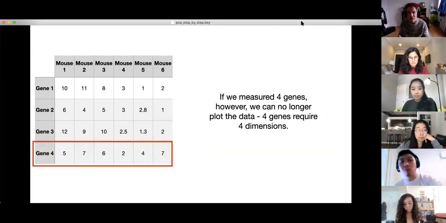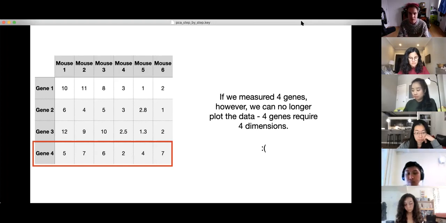Okay, if we measured four genes, however, we can no longer plot the data. 4 genes require 4 dimensions. And yes, a lot of people say, hey, what if we change the shapes of things? Couldn't that represent a dimension or something? And that's true, or we can change colors, and there's lots of little things you can do to kind of fake extra dimensions.